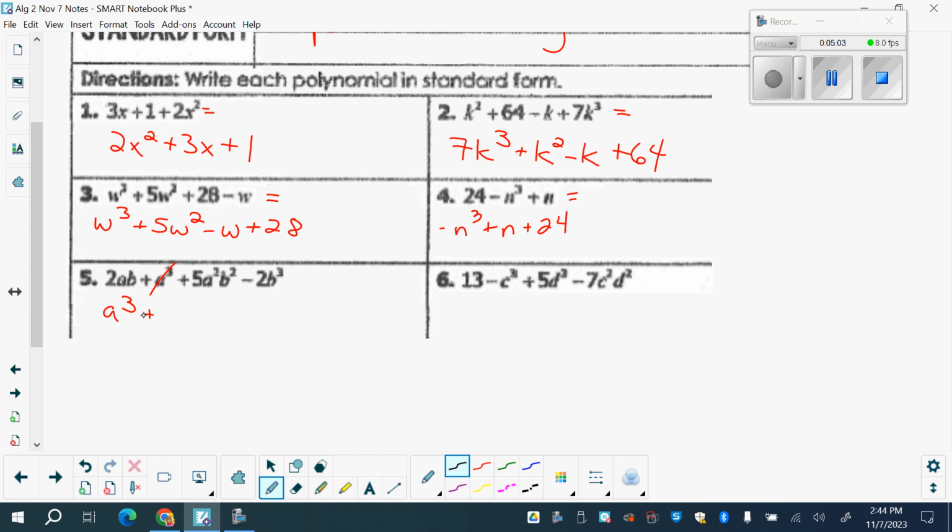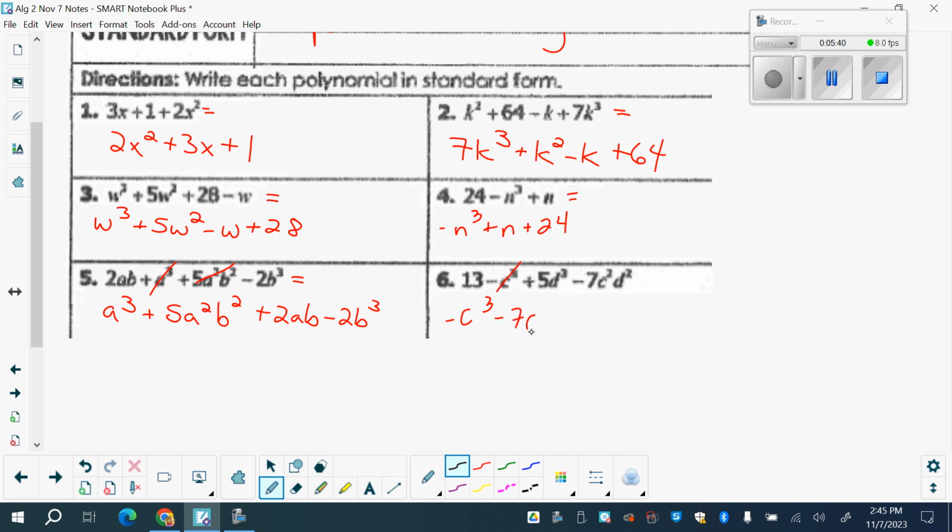What comes next? What's the next highest exponent? A squared. So 5a squared b squared. We ignore that b temporarily. And then what would come next? 2ab. And then last would be negative 2b to the third. And then on number 6, c comes first, so it would be c to the third, negative c to the third, and then what next?